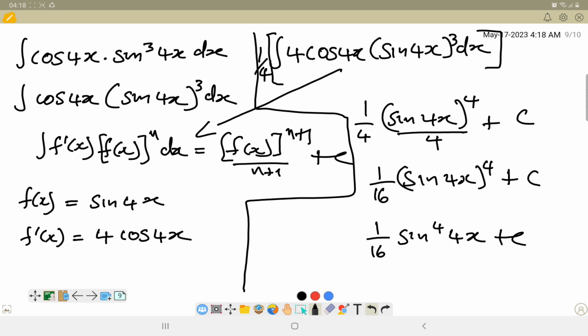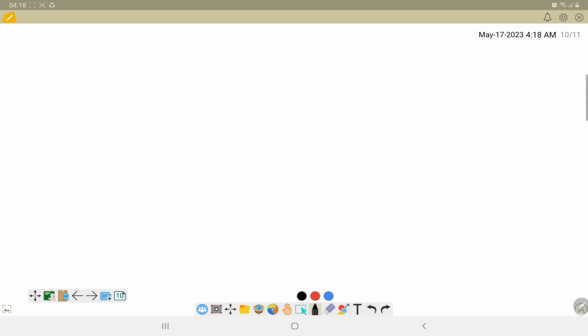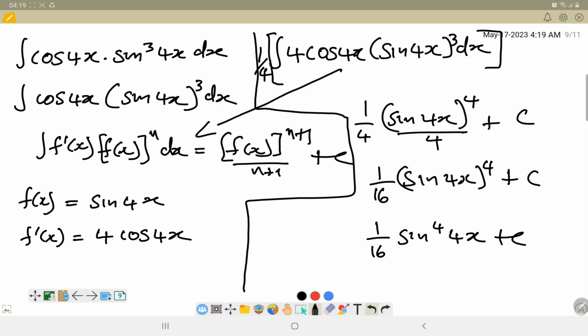And of course, here we can also use substitution. So the question was cos 4x sine to the power 3 of 4x.